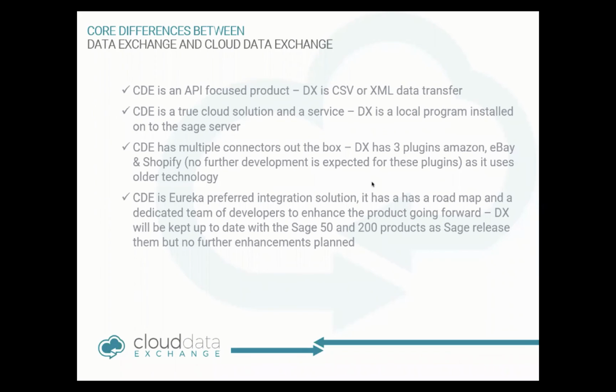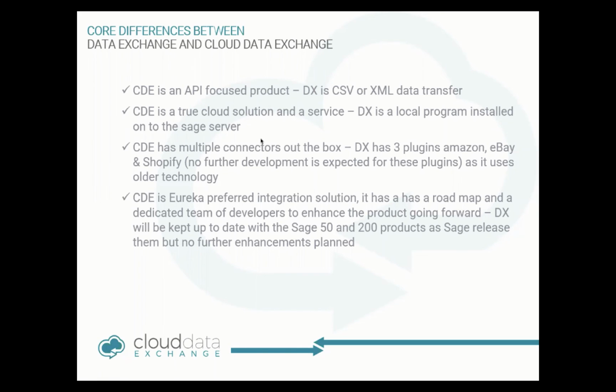So we can still pick up, in the same format, files that are created for Data Exchange. We've enabled it so that the CSV files we can bring in are of the same format as the on-premise Data Exchange. We do not bring in XML at the moment, and as you can see, Data Exchange does. But currently we're API focused in CDE, though it can pick up from an FTP, an SFTP or an FTPS.